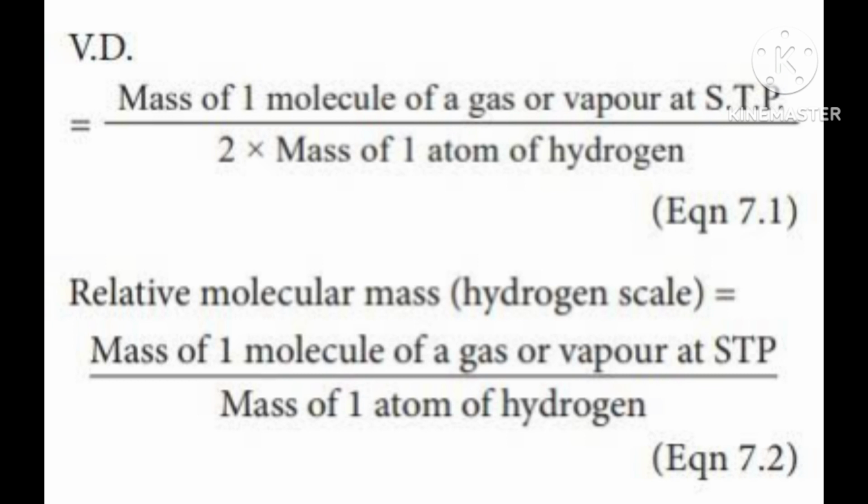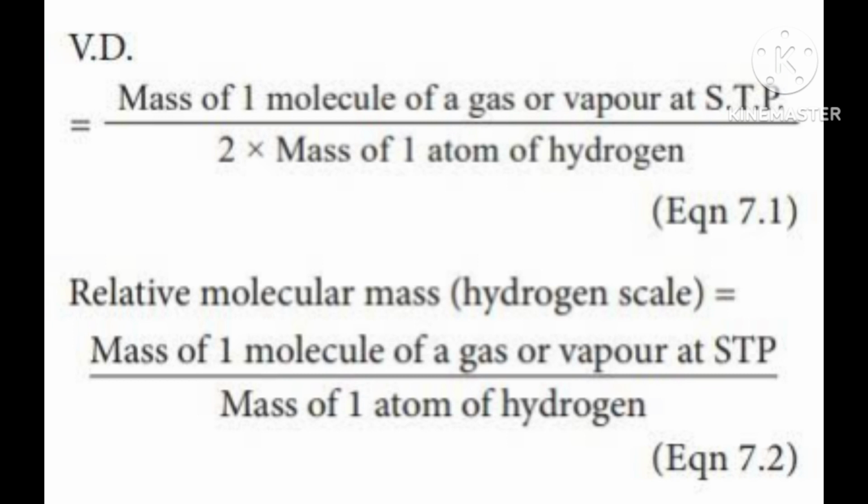Nitrogen, suppose it is 14, then 14 divided by 14. 14 is the atomic mass of nitrogen.